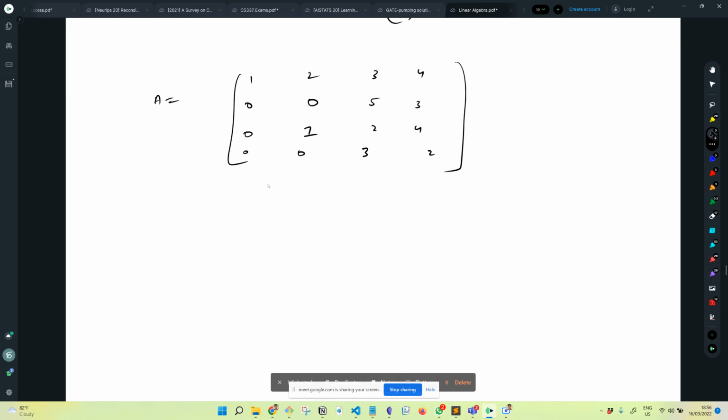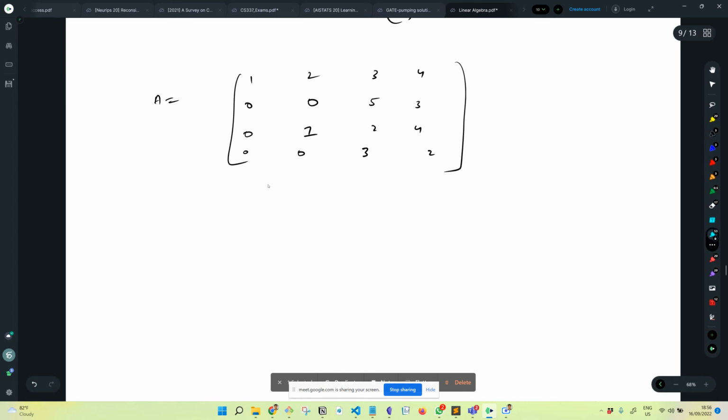Now, let me give you some arbitrary matrix A. A equals, let's say, 1, 2, 3, 4, 0, 0, 5, 3, 0, 1, 2, 4, 0, 0, 3, 2. Can you suggest this RREF conversion procedure for this matrix?